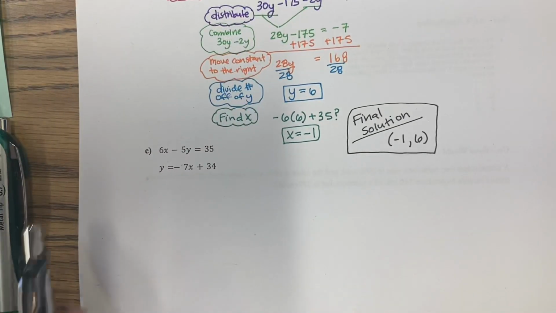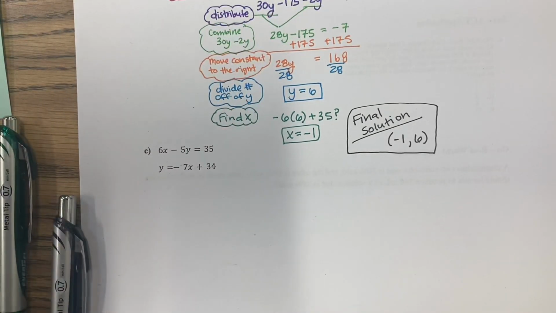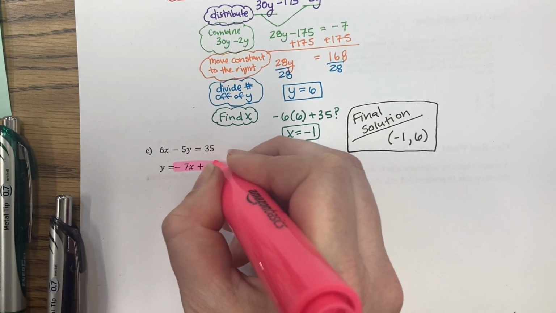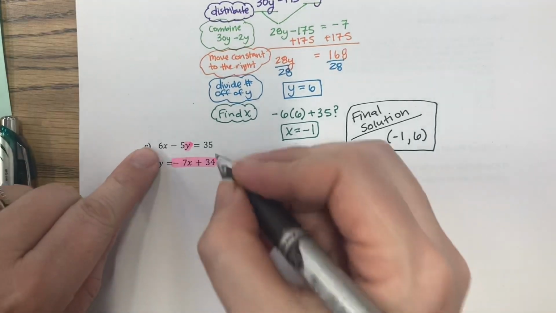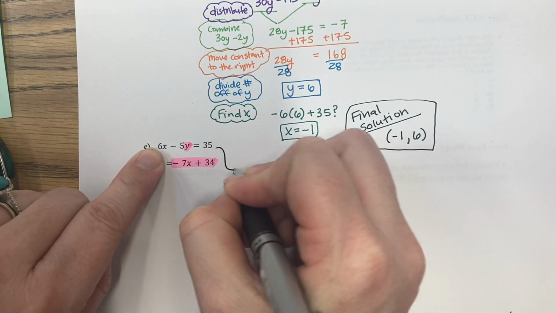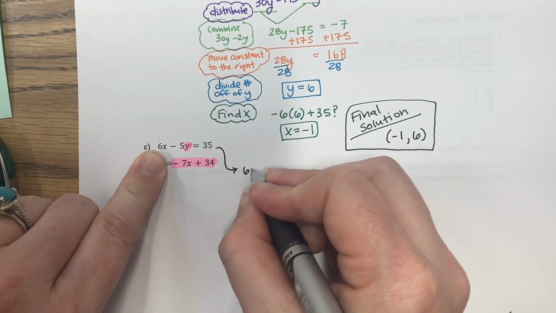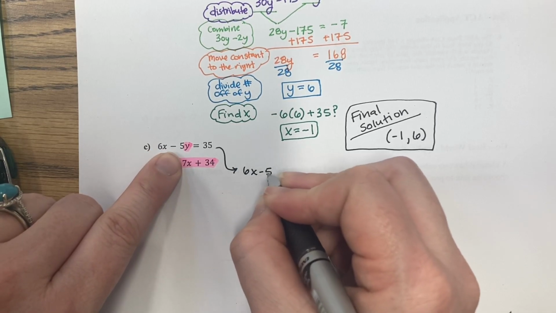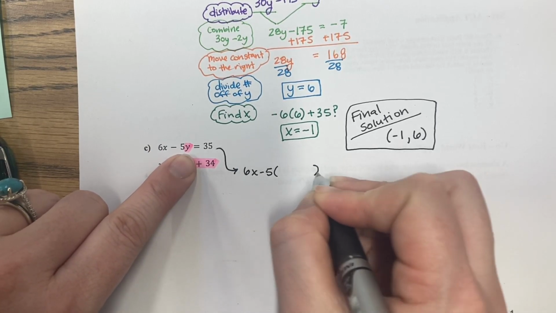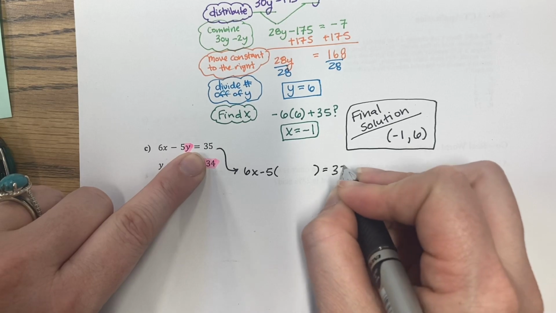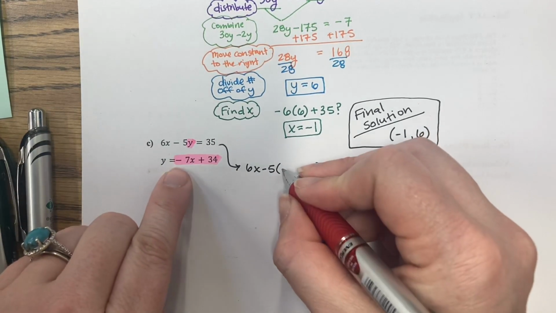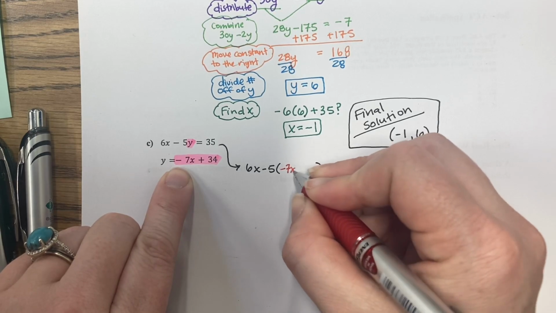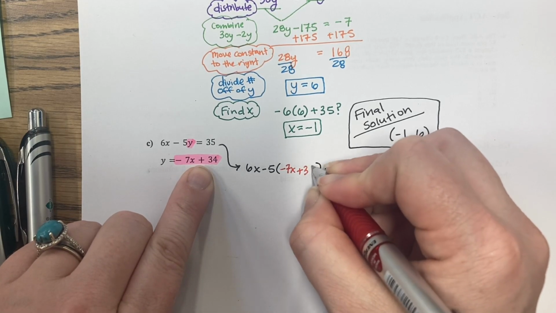Question C, I am given the y is this amount, so I'm going to plug it in for y. I then write 6x minus 5 bubble equals 35. Fill in the bubble with the negative 7x plus 34.